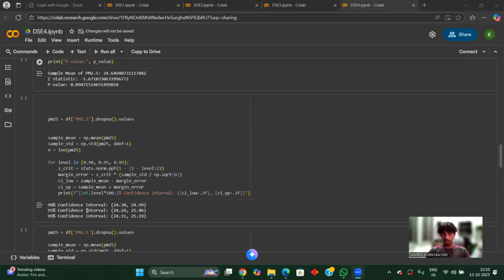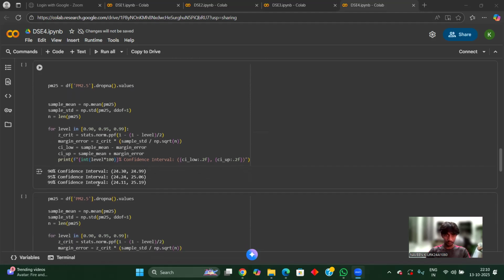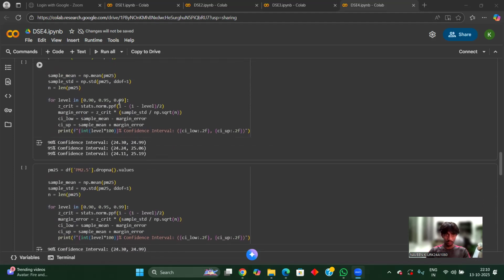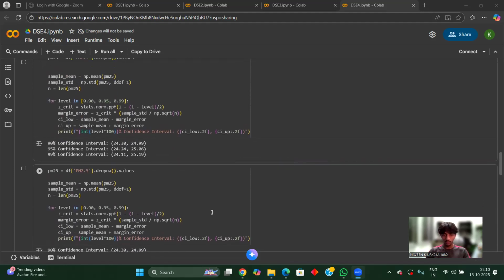The next one is confidence intervals for PM2.5. Next, we calculate confidence intervals at 90%, 95%, and 99% levels for PM2.5. The critical Z value is computed for each confidence level.